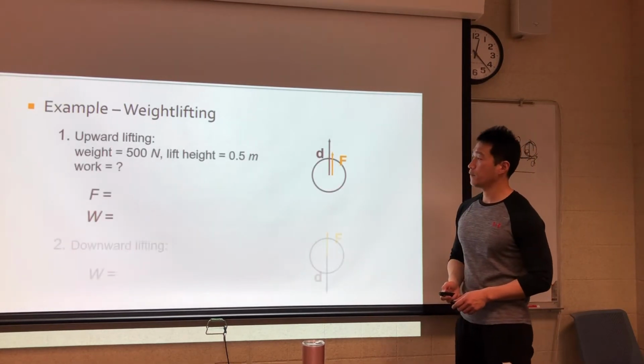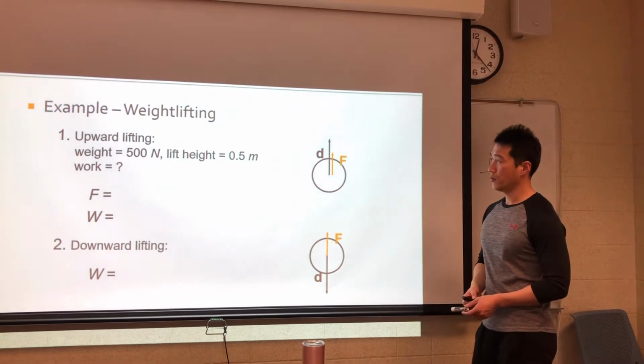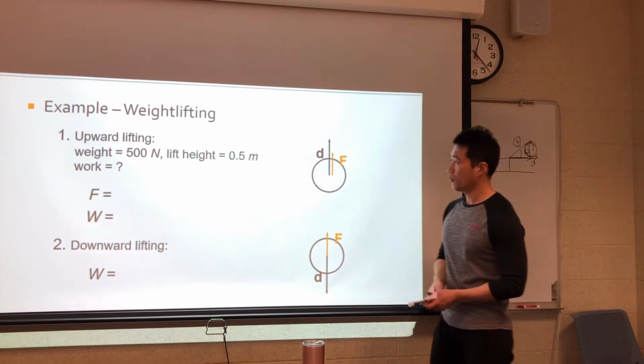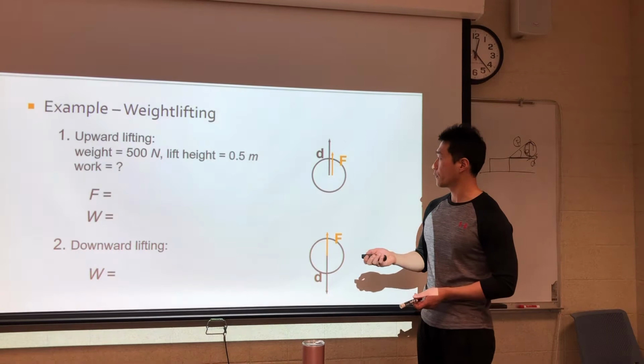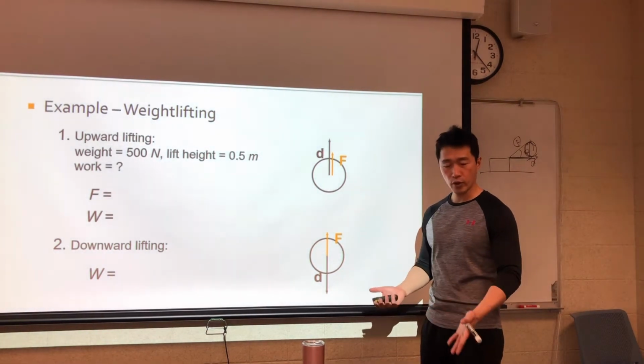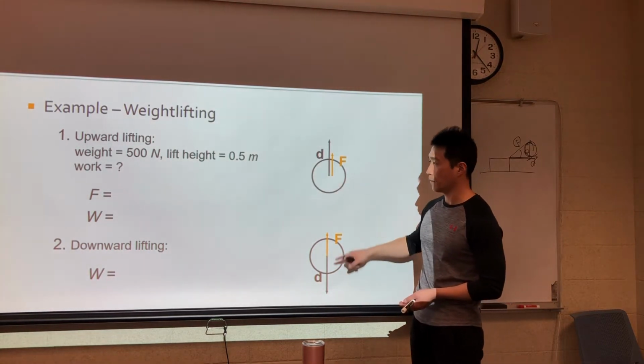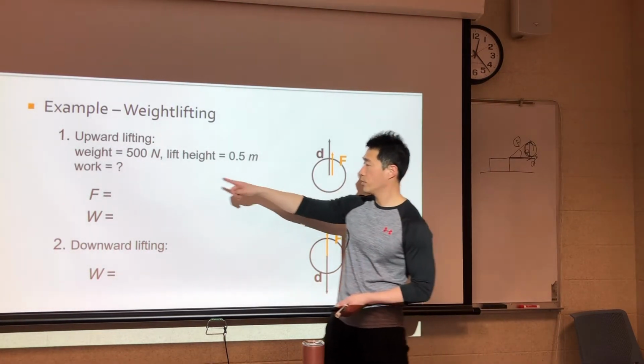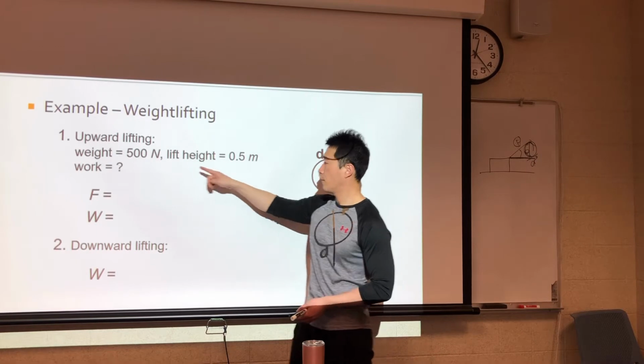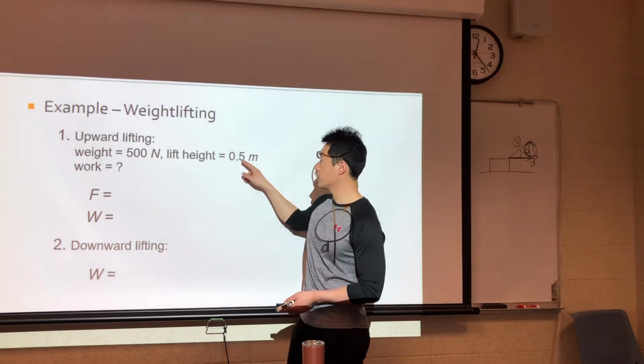An example of mechanical work here is weightlifting, upward lifting and downward lifting. Assume that you are doing a barbell curl. The weight of the barbell is 5 Newton and the lift height is 0.5 meters. A force is given and the displacement is given.